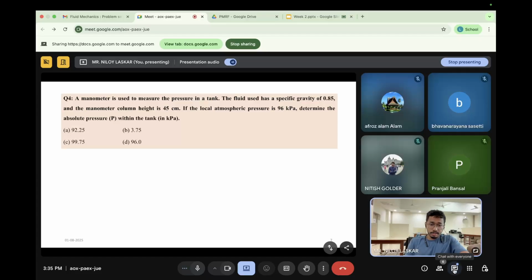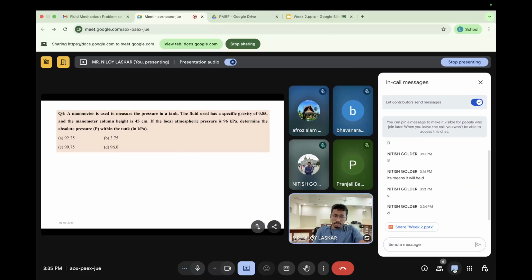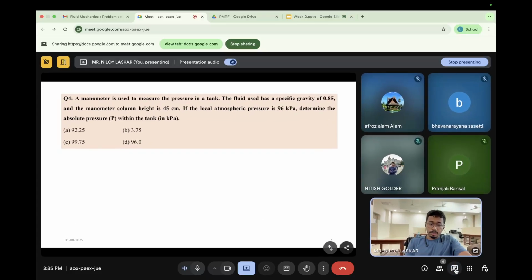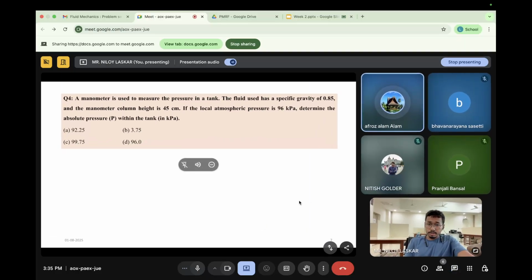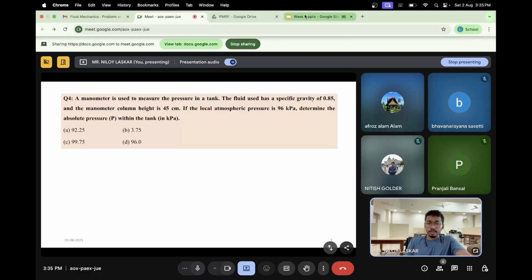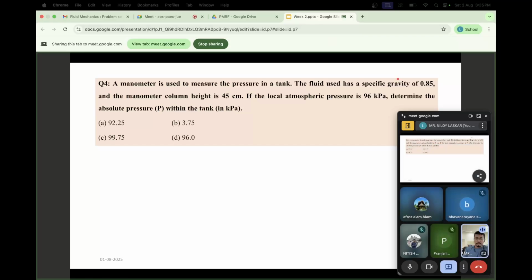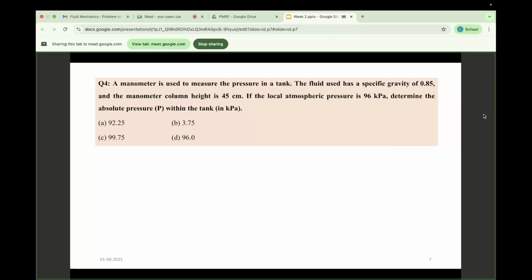Option D is the answer. So please check your calculation. Let me think, option C. Okay. Yes, option C is the correct one.